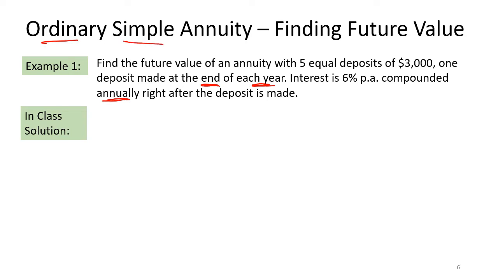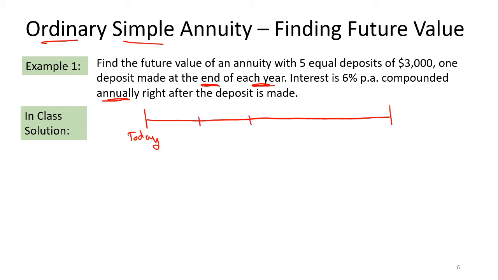Like I said, let's look at this example just from what we have learned so far in this course. We've got 5 equal deposits, and it says at the end of each year. Like I did in every other example, this is today, and we've got 5 equal deposits at the end of each year.